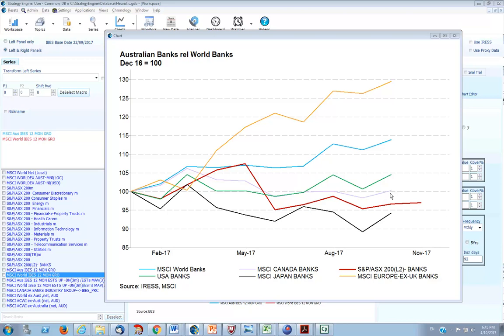Canadian banks are basically flat; they suffer from some of the same issues that domestic banks do, in the sense of high house prices, high household debt, and in their case, actually lifting interest rates. But they do have steeper yield curves. Japanese banks have been the only major market worse in terms of banks, down by about 5% over the past 12 months. So banks have been a significant source of underperformance for our domestic market.